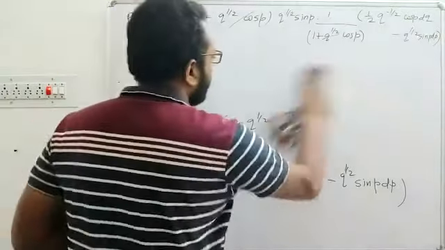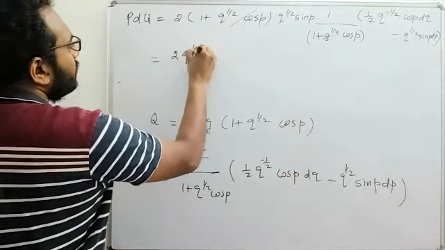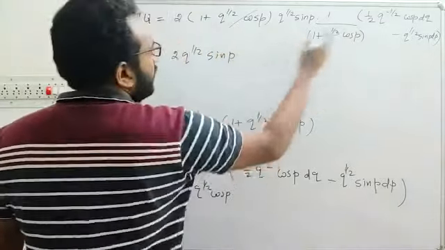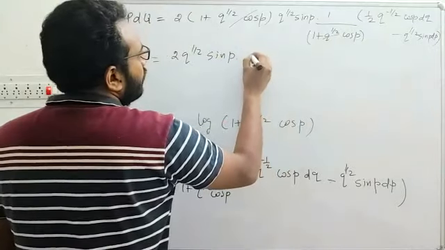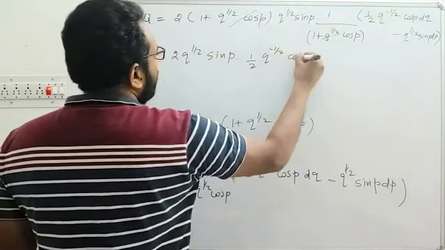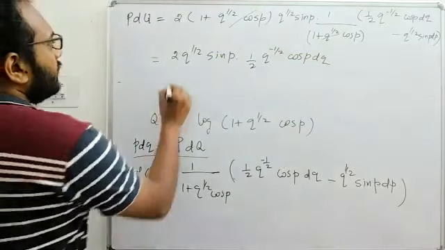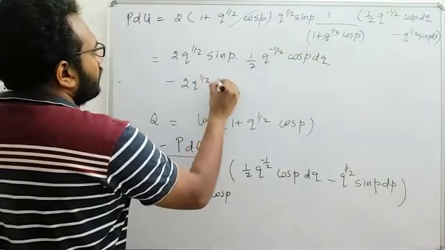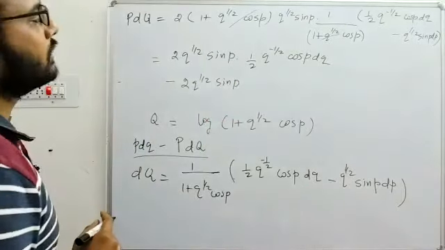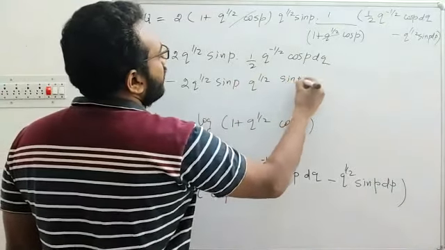This is equal to 2Q raised to half sin P multiplied by, let's just expand it, 1 by 2 Q raised to minus half cos P dq, minus 2Q raised to half sin P multiplied to the second term, Q raised to half sin P dp.